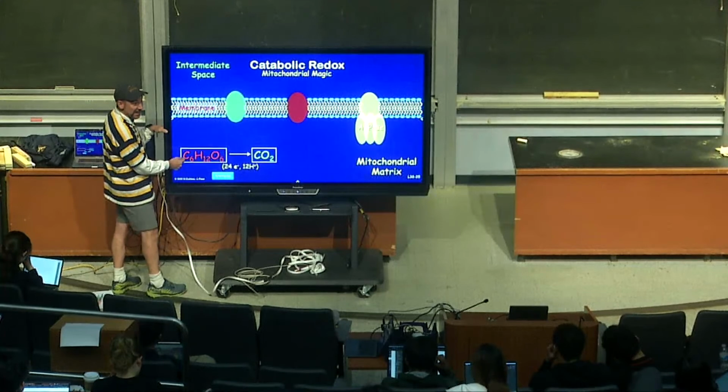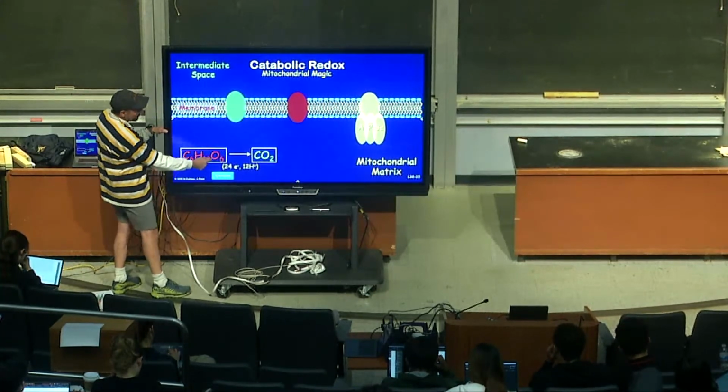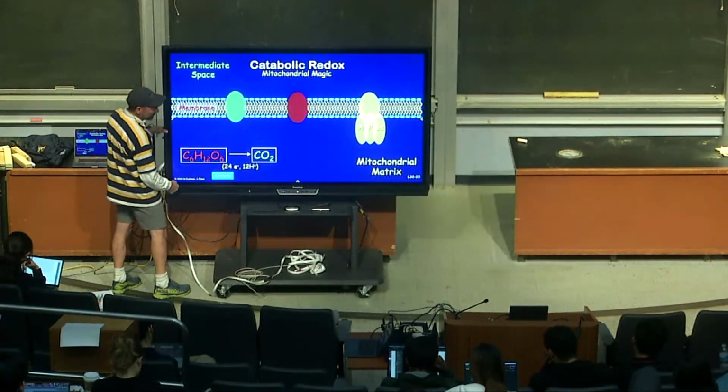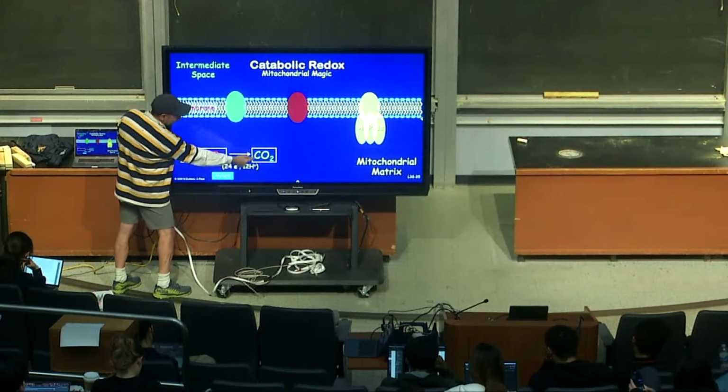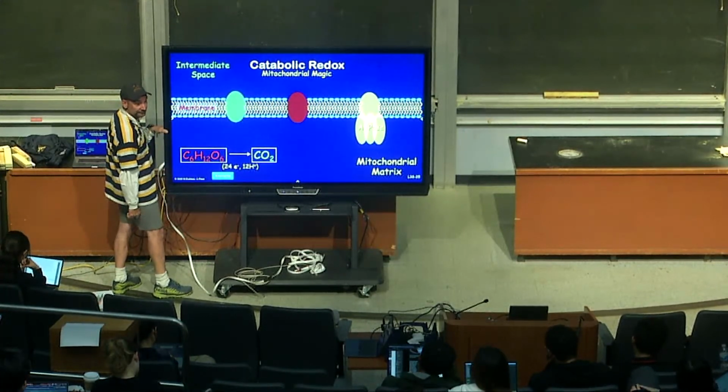Okay? So it's an anaerobic oxidation. You formally oxidize, rearrange all these things. It takes 24 electrons to do that, and you can see you lose those 12 hydrogens when you do that. Okay?